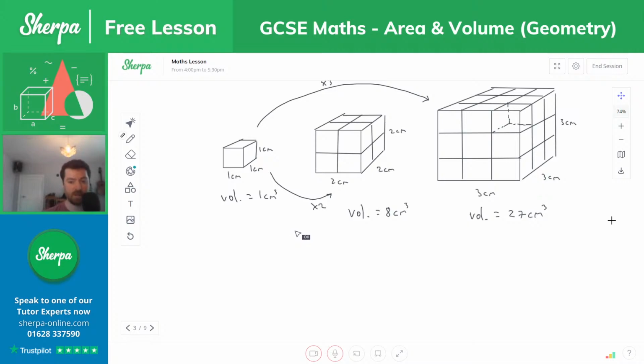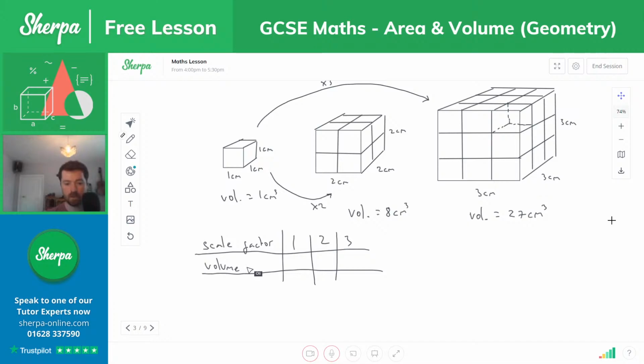And as you may already have spotted, as we increase our linear scale factor, as it goes from 1 to 2 to 3, our volume scale is, well, obviously it's 1 for our first cube, and then when we have our linear scale factor of 2, our volume scale factor then becomes 8.